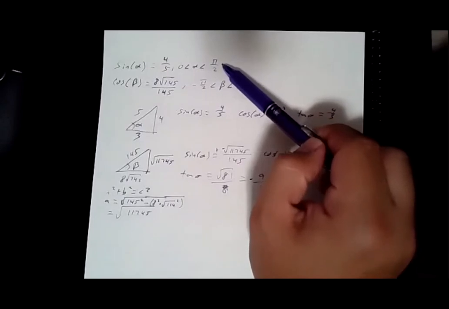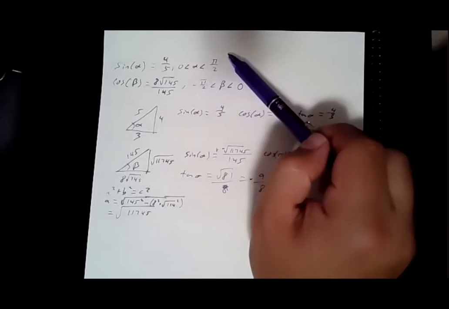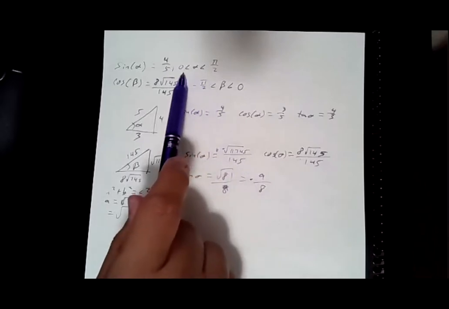The range of values tells you where the angle is, so you know which ones are positive or negative. Since this is quadrant 1, everything was positive. Since this is quadrant 4, sine is negative, and so is tangent. Once you have all the missing pieces, you just plug it into the formula.